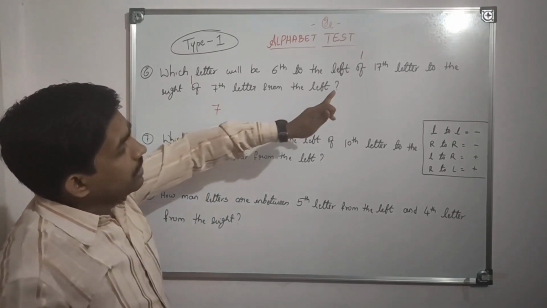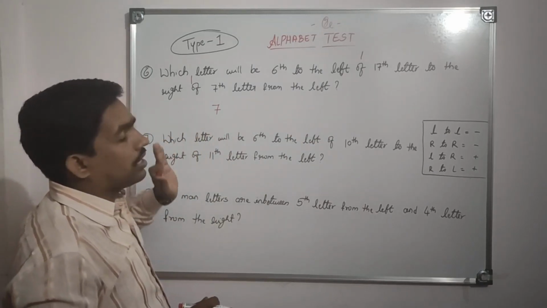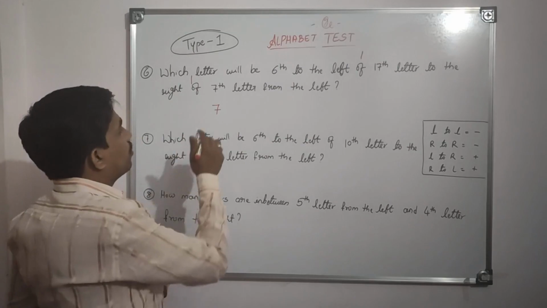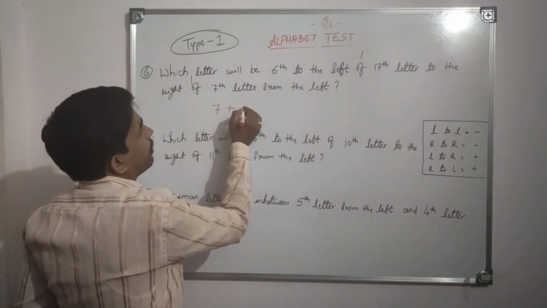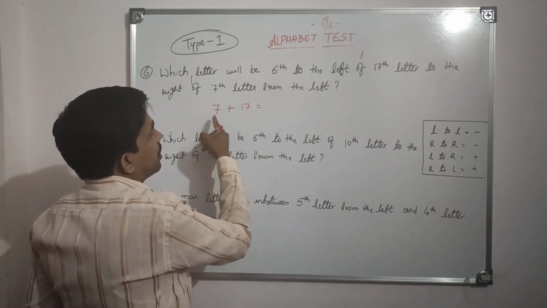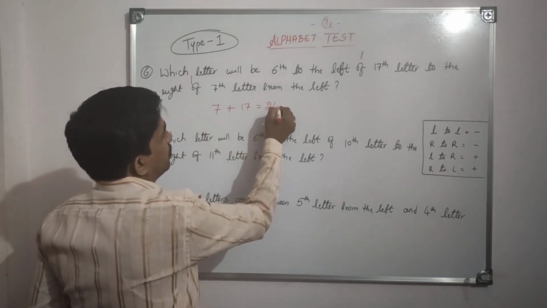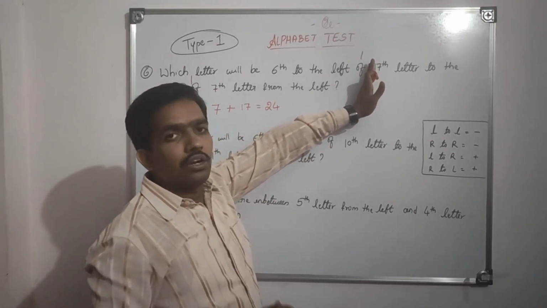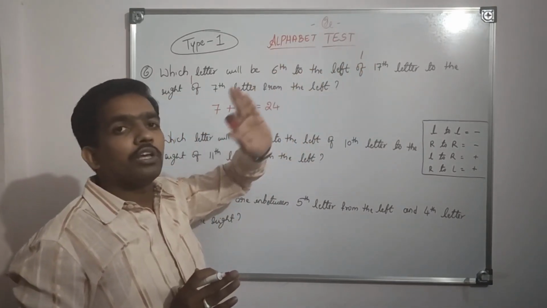And 17th letter to the right. So here it is left and here it is right. So we have to add it, plus 17. So what is our answer? 17 plus 7 means 24. Okay. So up to here we are getting 24 from the left.